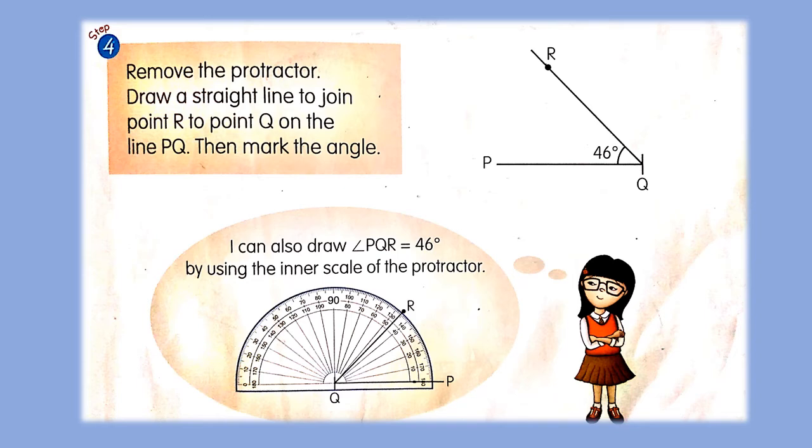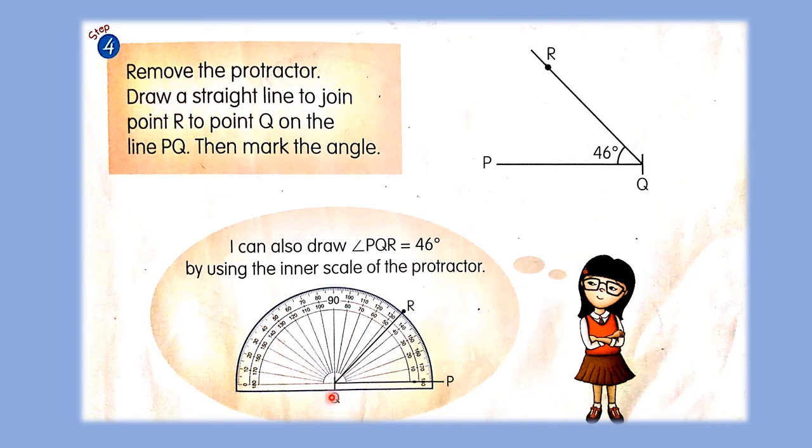In this example, we drew the line PQ this way, with the vertex at the right-hand corner, so we had to use the outer scale to measure 46 degrees.